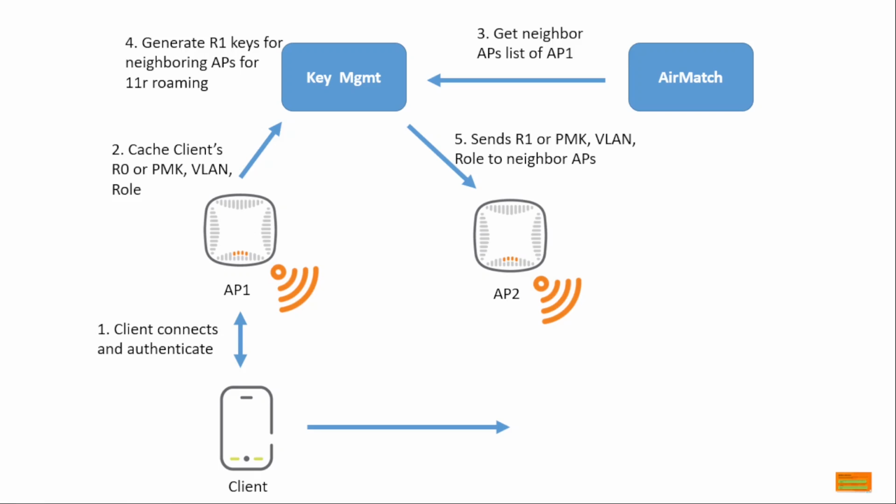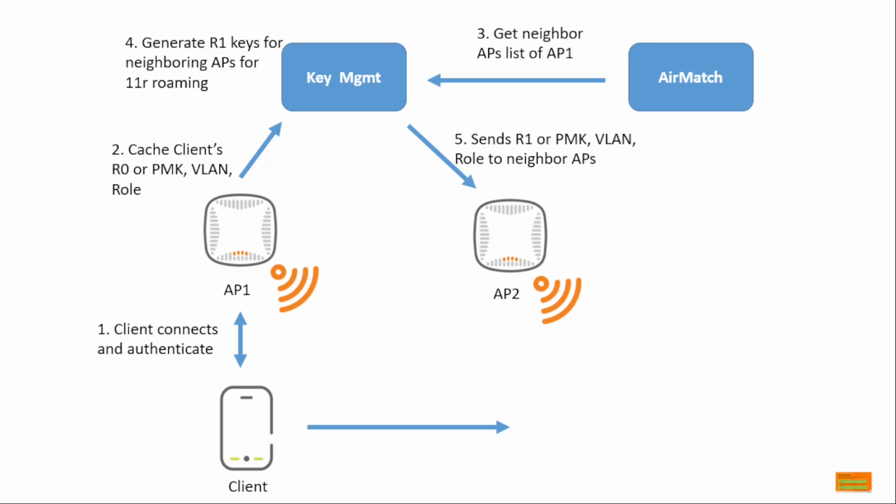Here a Wi-Fi client roams from AP1 to AP2. As you can see, the client initially connects to AP1 and authenticates in step 1. After the authentication, information such as the pairwise master key R0, that is the PMK level 1 key, we call it PMK R0, along with the VLAN ID and role, is cached by AP1 and sent to the key management service.